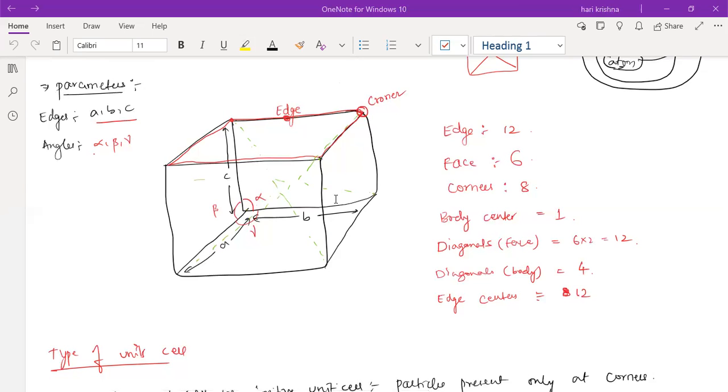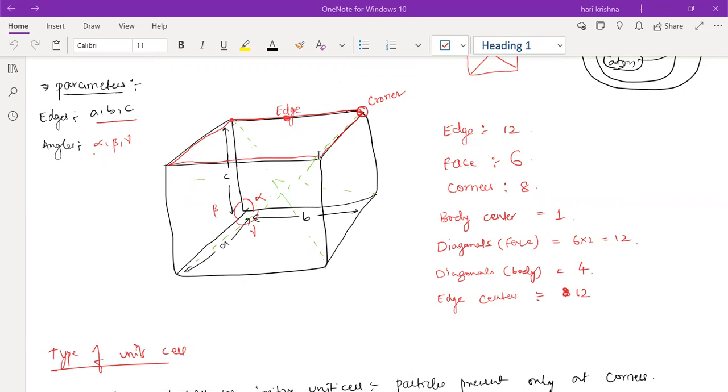Next, we'll come to the diagonals along the face. Suppose you take only one face, you can form 2 diagonals to the opposite corners, right? Yes or no? You can form a total of 2 diagonals for each face. So in total we have 6 faces, so 6 into 2, we have 12 face diagonals for each unit cell.